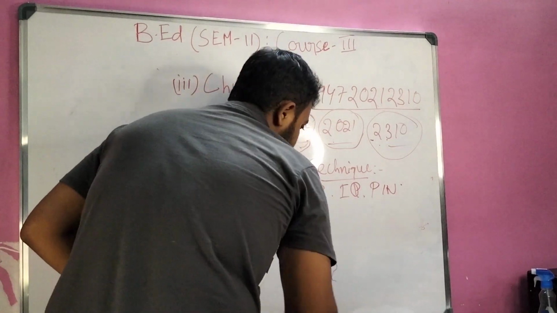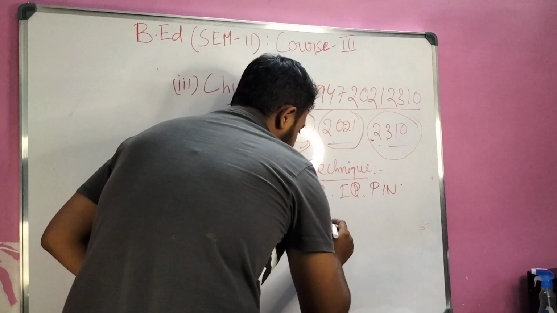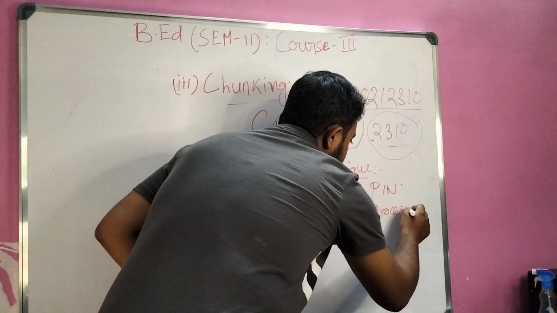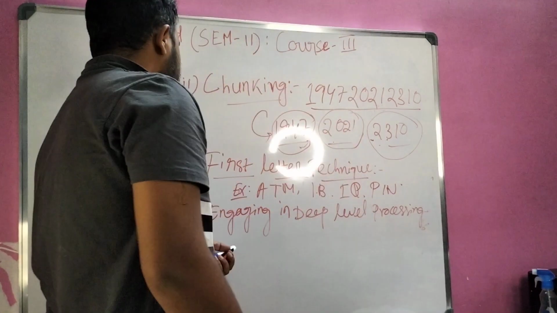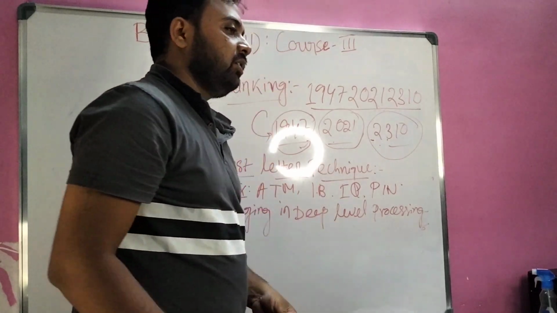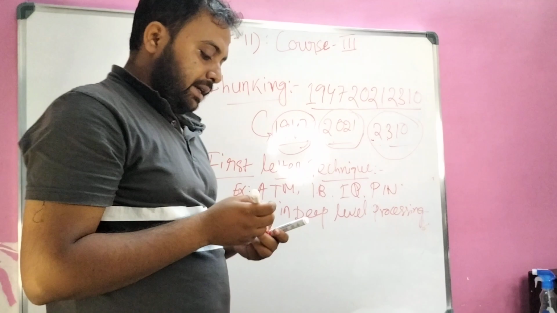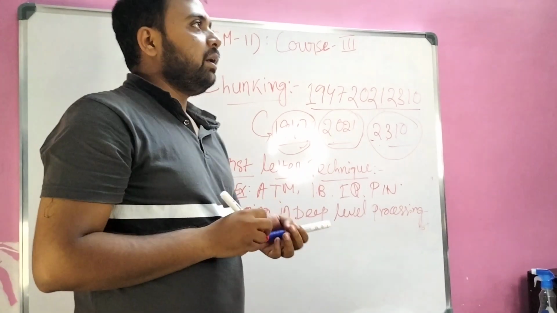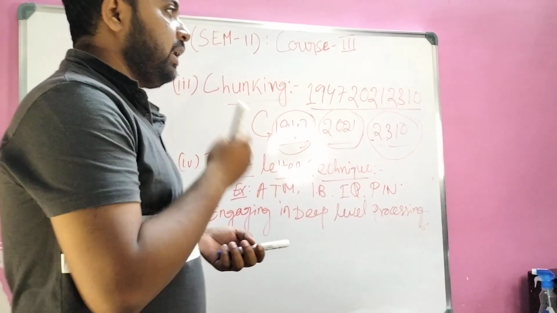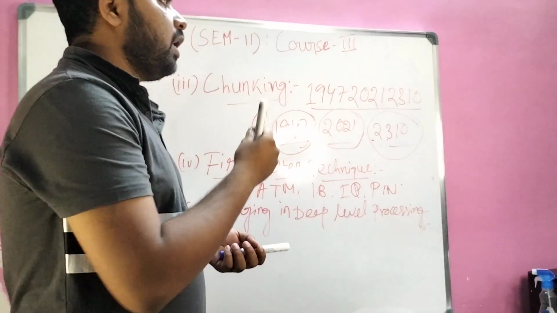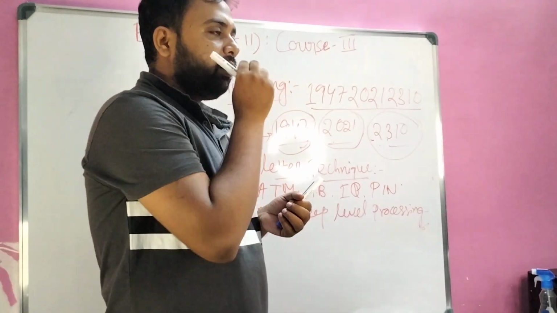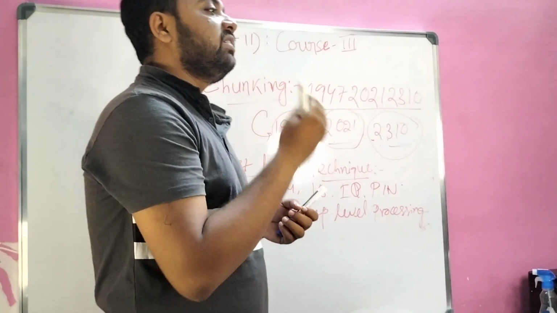deep level processing. So the fifth technique is engaging in deep level processing. So what is deep level processing? If we know about, for example, an animal, how do we improve our memory, or how do we remember about this animal, by questioning about it.